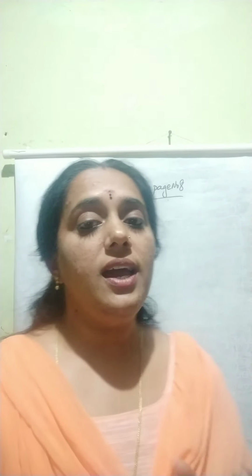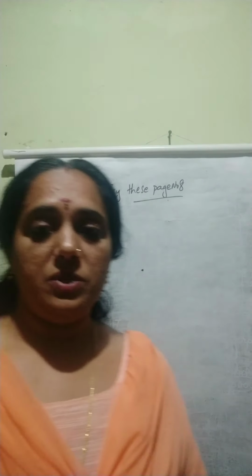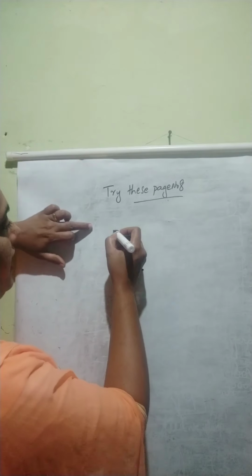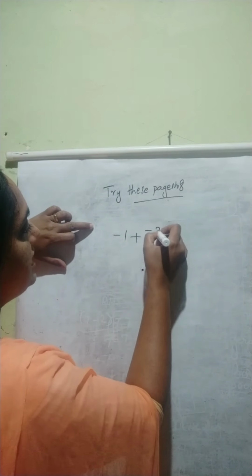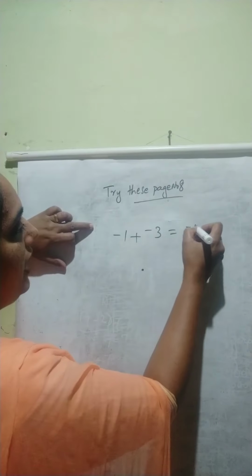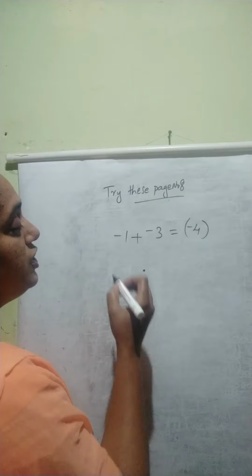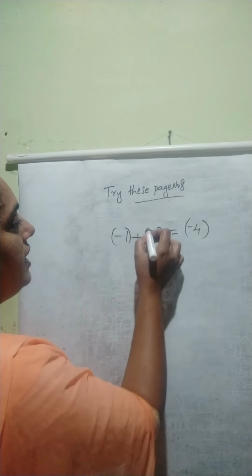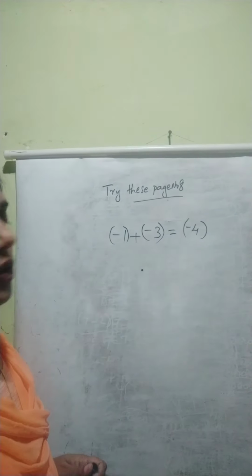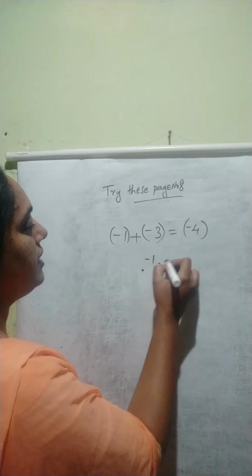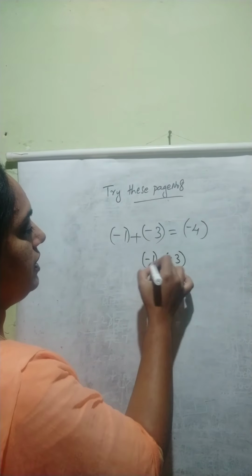That means when we are adding two integers, that answer will be smaller than the adding numbers. That is, we can add negative 1 and negative 3. The answer will be negative 4. We all know that negative 4 is smaller than negative 1 and negative 3. So we can write a pair negative 1 and negative 3.